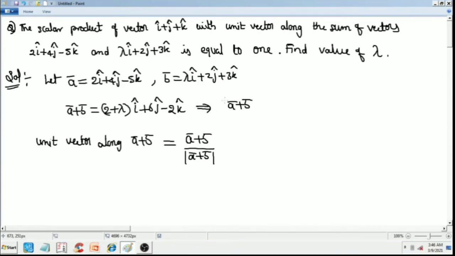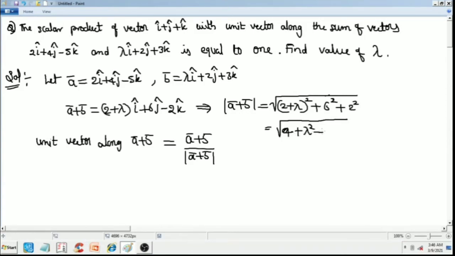The magnitude of a bar plus b bar is the root of the i coefficient squared plus j coefficient squared plus k coefficient squared. Minus 2 squared is 2 squared only. So here, (2 plus lambda) squared: 2 squared is 4, plus lambda squared, plus 2 times 2 times lambda is 4 lambda, plus 6 squared is 36, plus 2 squared is 4. So we have this.